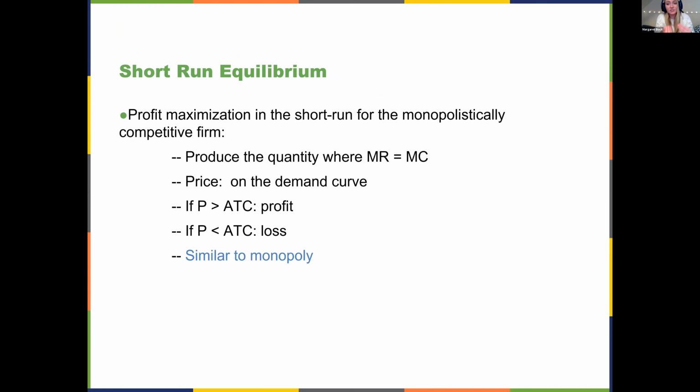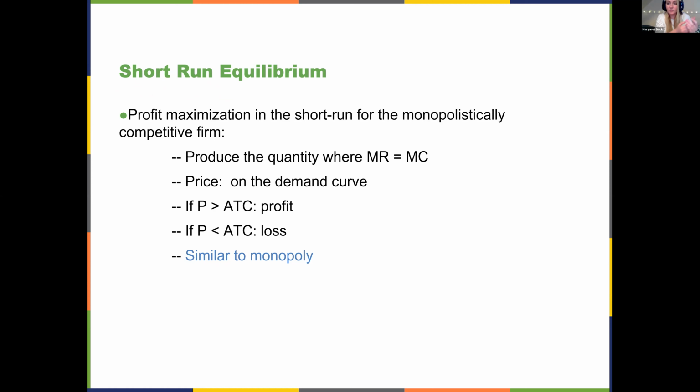Again, the key thing to note here is that we can only assume that a monopolistic competitor behaves similarly to a monopoly in the short run. So why is this the case?